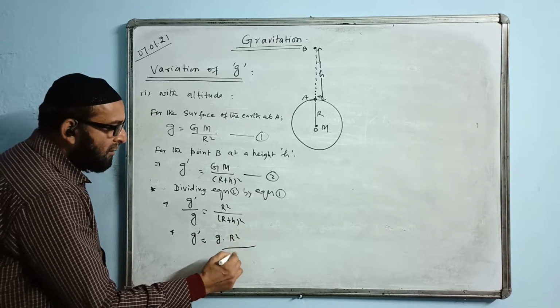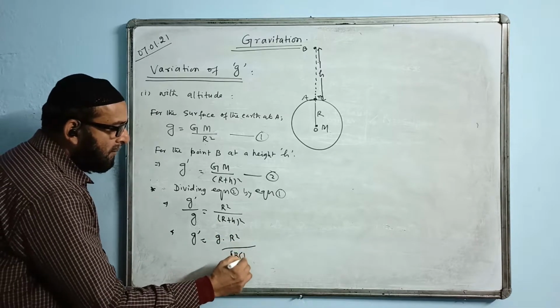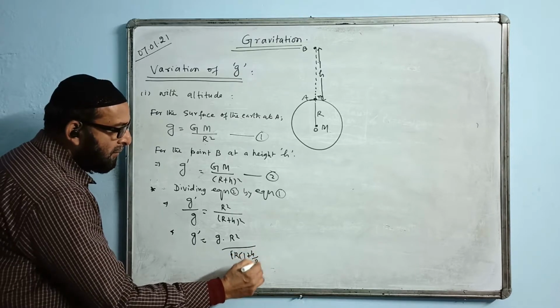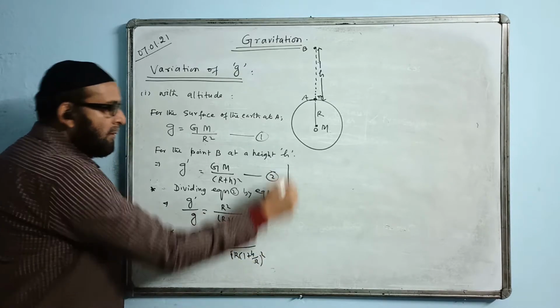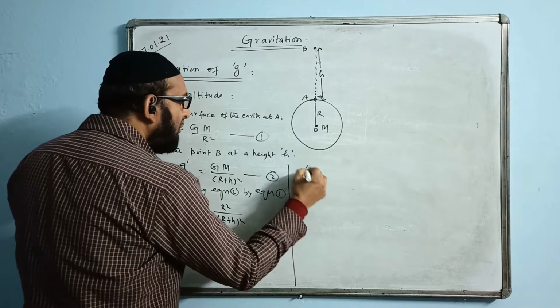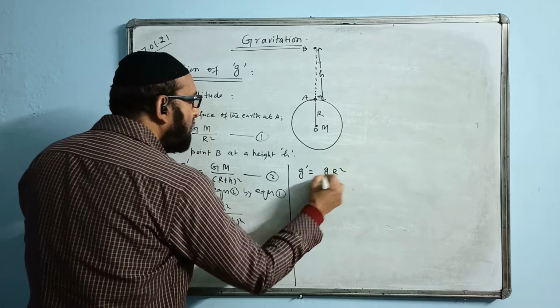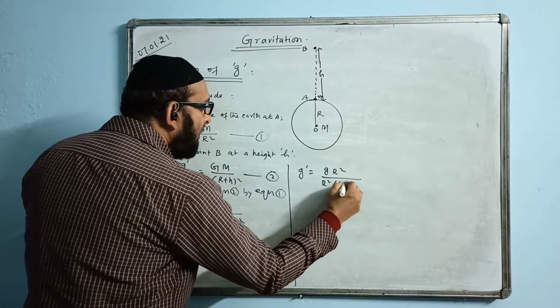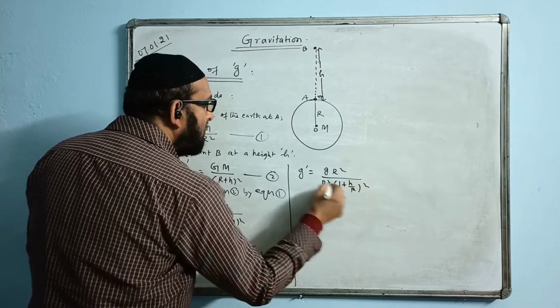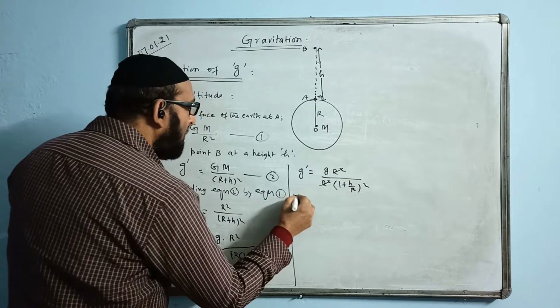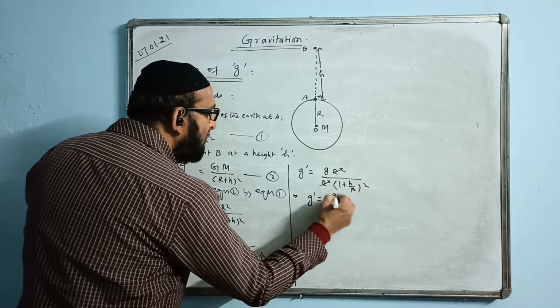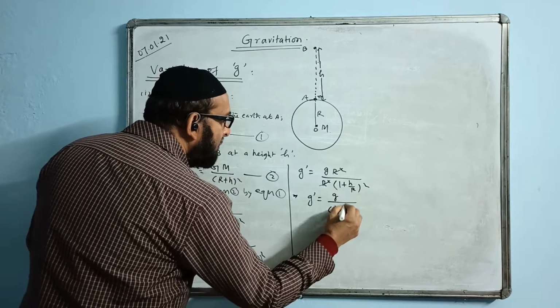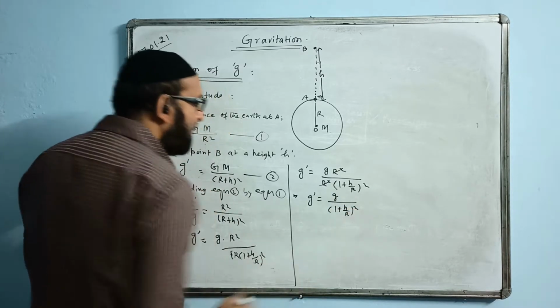Between these two I take r common, within bracket it becomes 1 plus h by r, whole square. Next I continue: g dash equal to g r square. This r will be taken out as r square and we will get 1 plus h by r whole square. This and this will cancel. So we get the answer that g dash is equal to g divided by 1 plus h by r whole square.